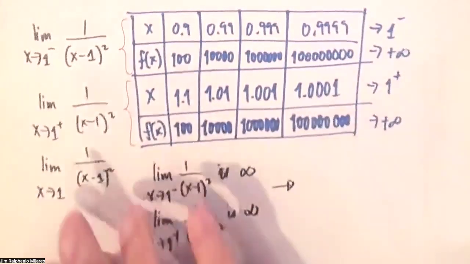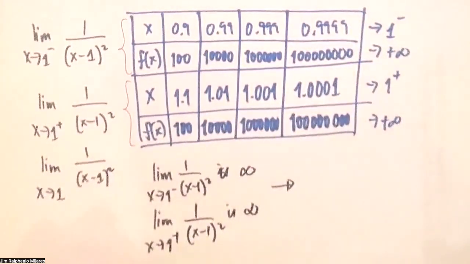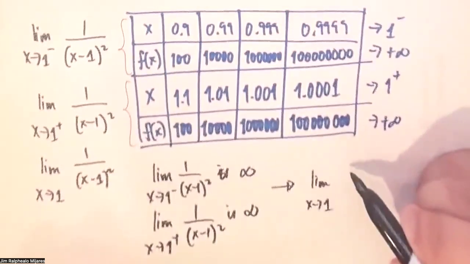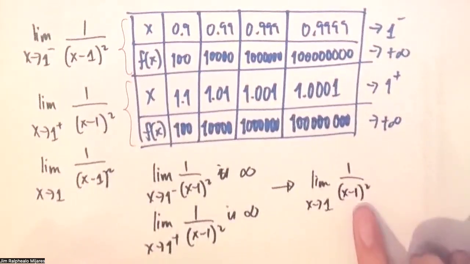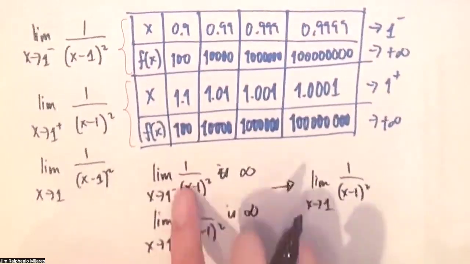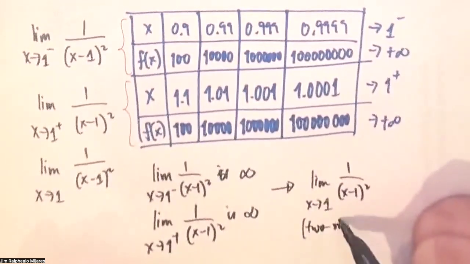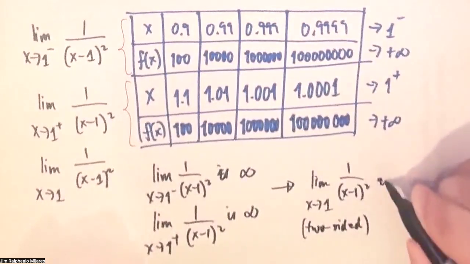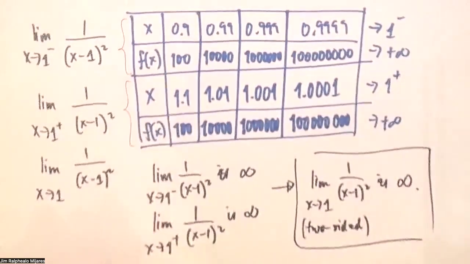The conclusion: since they both agree that it's positive infinity, the limit as x approaches 1 of 1 over x minus 1 squared, this is now the two-sided limit, is infinity.